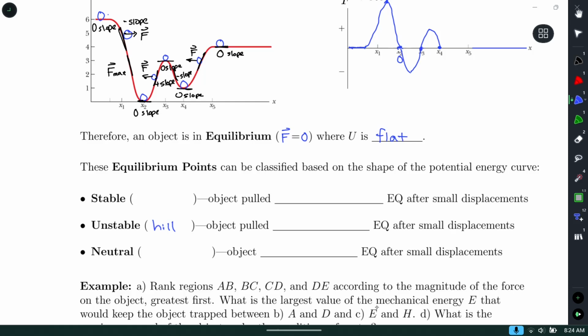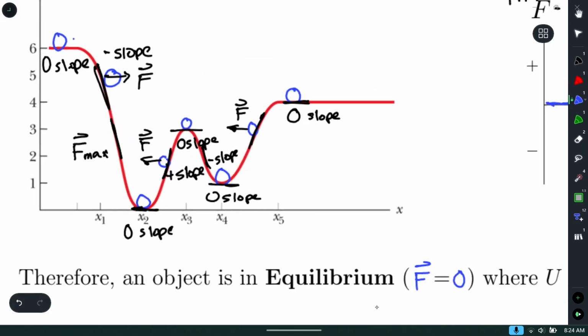Reason it's unstable is because, say I moved that ball just barely to the right. Which way is it going to be pulled now? To the right or to the left? Right. To the right. So even from a very small displacement from equilibrium, it's going to start rolling away from that equilibrium point.